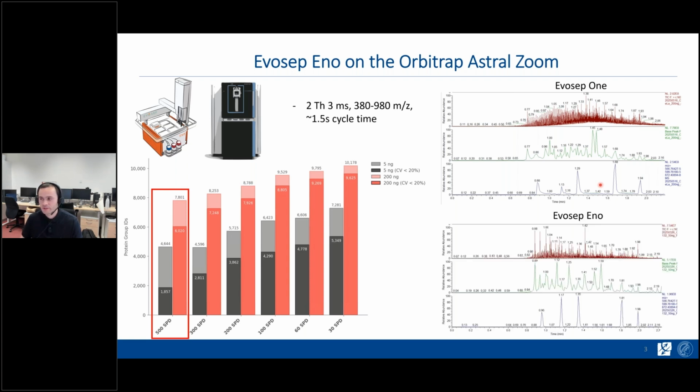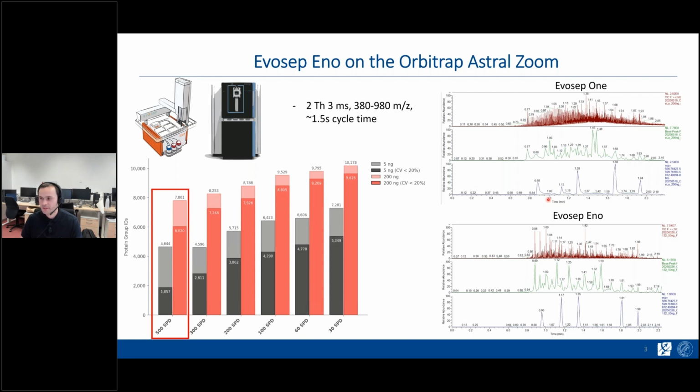And if you compare this to the Evosep ENO, you see a very drastic difference for the peak shape, in particular for the tailing. So there's almost no tailing left here, as before you could see in some cases a very severe tailing. So thanks to this, we now have these very high protein group IDs, even at 2.2 minute gradient.